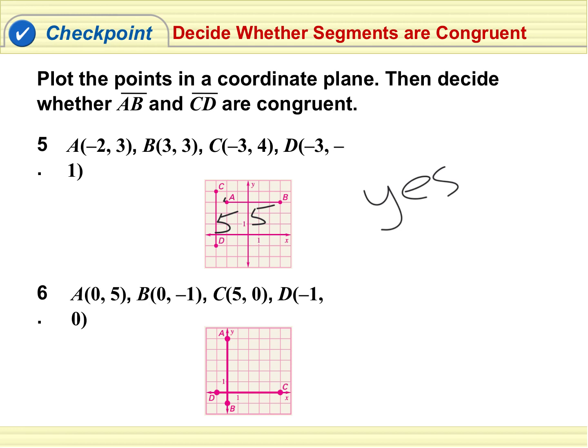For 6, what did you guys get for AB? When you counted them. Let's count 1, 2, 3, 4, 5, 6. What's DC? It is 6, so that means yes. What if one of them was 7 and one of them was 5? No, they're not the same, so they cannot be congruent. Good.